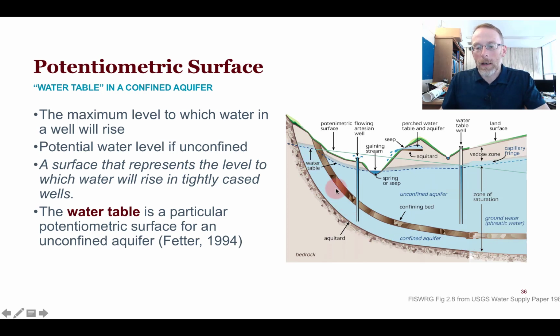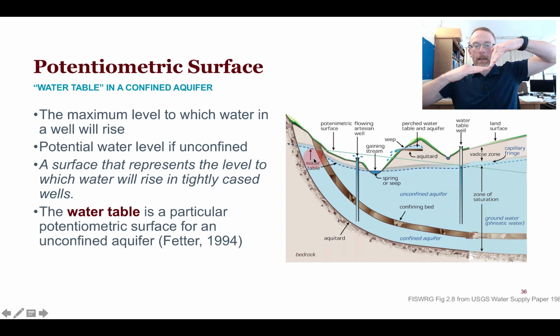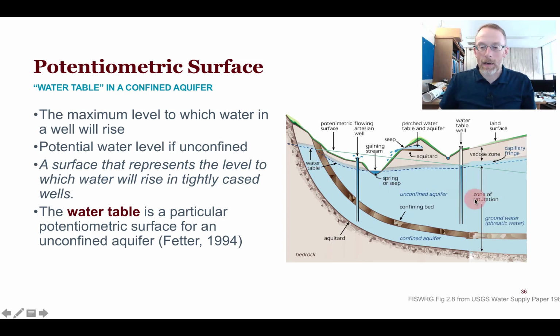We have a bed, a confining unit here, so an impermeable confining unit, and then we have an aquifer, something that's got a higher permeability, and they've been warped tectonically into this monocline so that this side of the bedrock units have been bent by tectonic forces up to the surface, and then as we get deeper into the earth, they bend down and flatten out. So right here, this portion of this aquifer, this confined aquifer, is actually unconfined right here.